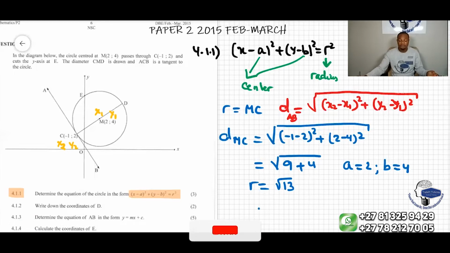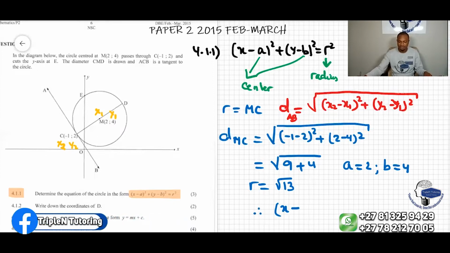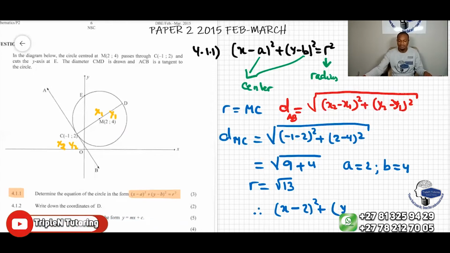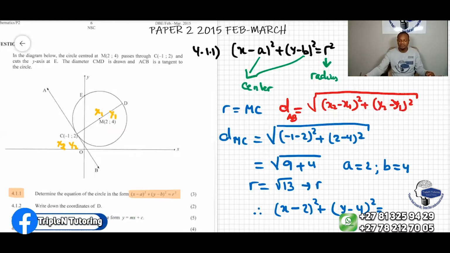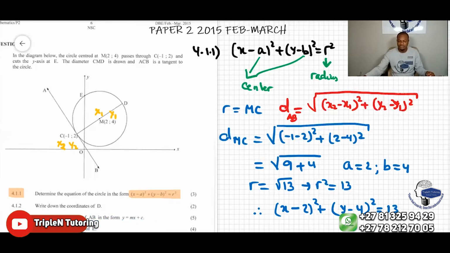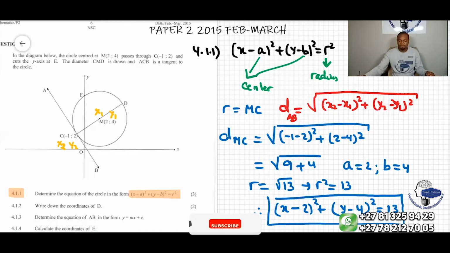Then the equation of the circle will be (x minus 2) squared plus (y minus 4) to the power of 2 equal to r squared. r is the square root of 13, which means r squared will be 13. Voila, this is the equation of the circle.